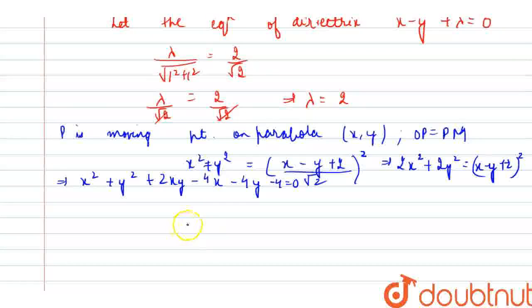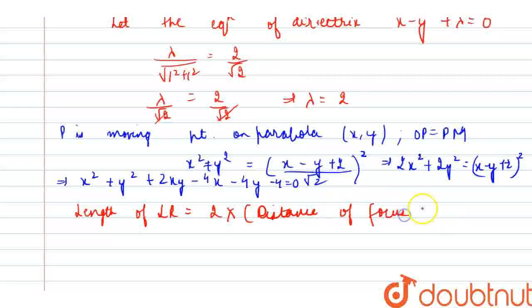Now proceeding further, we know that the length of latus rectum is equal to twice the distance of focus from directrix. So I'm writing down the length of latus rectum, in short, is equal to twice into the distance of focus from directrix. Correct? Now substituting the values, firstly let's find the length of the latus rectum.